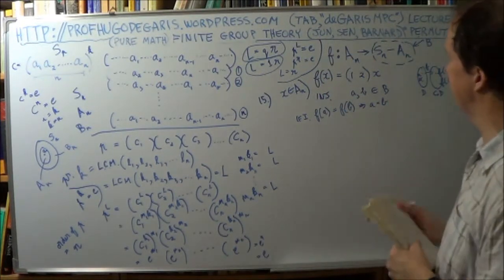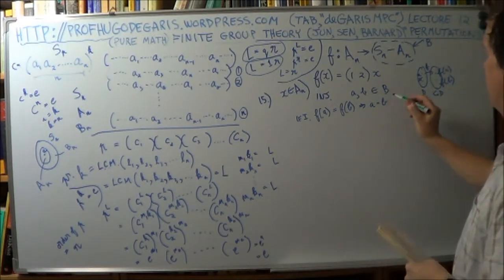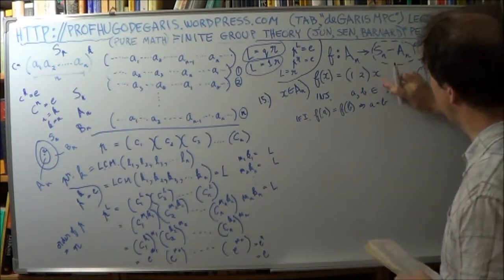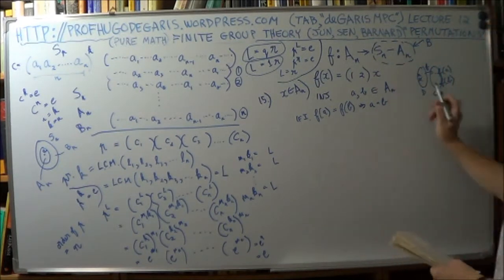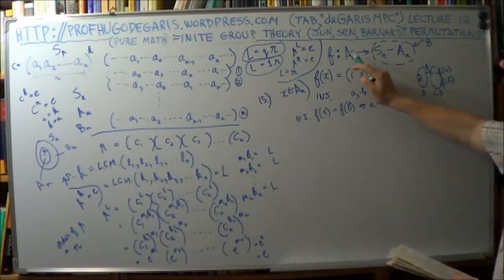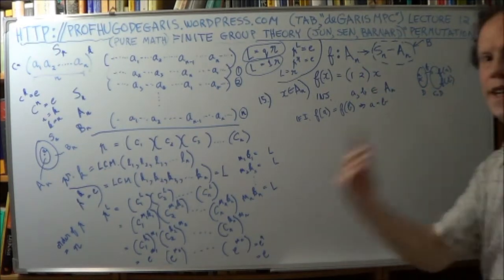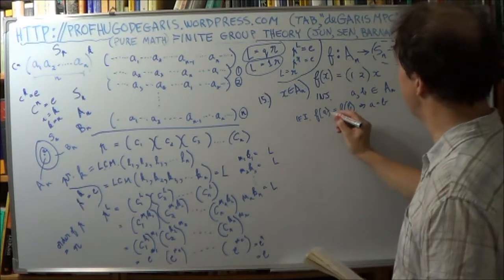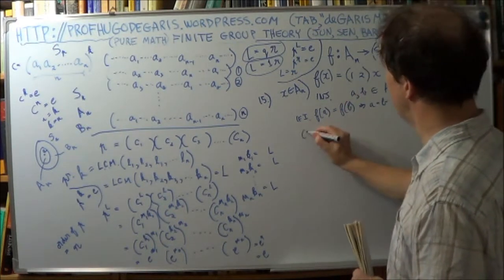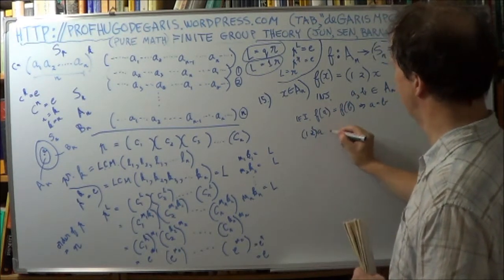All right. So A and B belong to A then. So your A here is your domain, your starting set. Okay, so what is f of A? Well, it'll be (1 2) A, right?